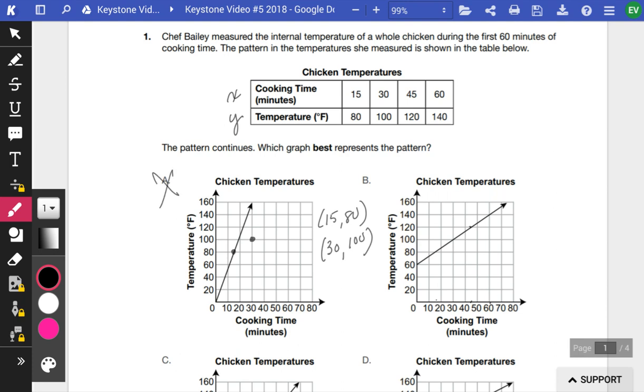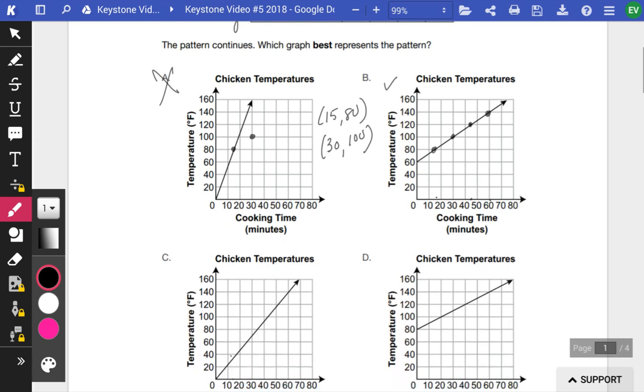Let's check out B. So (15, 80) is there. (30, 100), so that one's good. The next one is (45, 120), and the last one is (60, 140). So B checks out. Let's just verify the other ones.